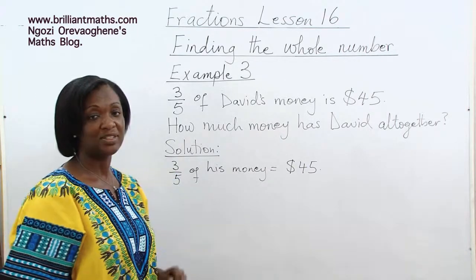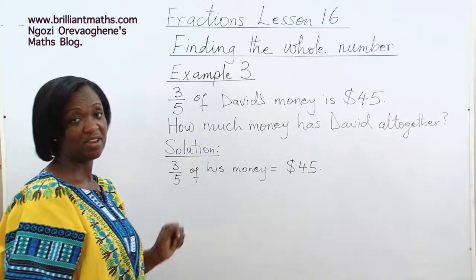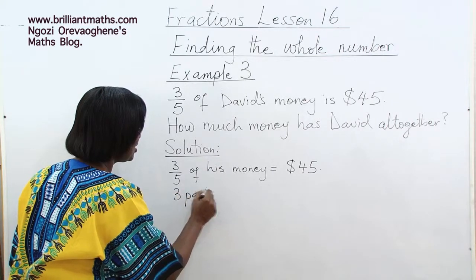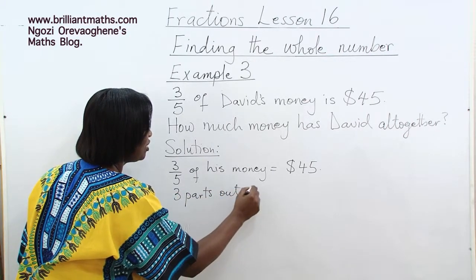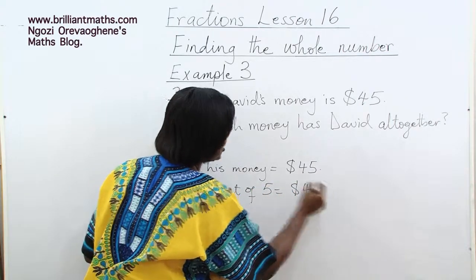So what is 1 part? We divide 45 by 3. 3 parts out of 5 is equal to $45.